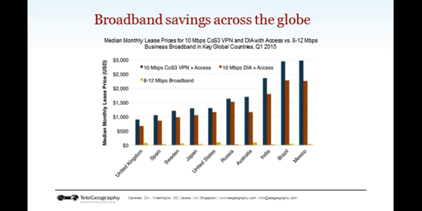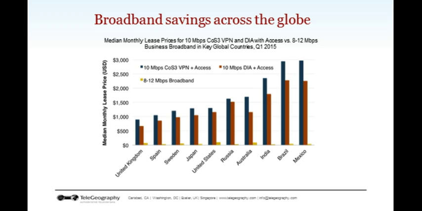So broadband definitely comes at significant savings across the globe. What we're going to look at on this first slide is a comparison of Class of Service 3 or Best Efforts VPN at the 10 megabit port level, the same port size for DIA, and then bundling that price with a 10 megabit access line within the metro area. We're going to compare those prices to broadband subscriptions aimed at businesses of a similar speed.